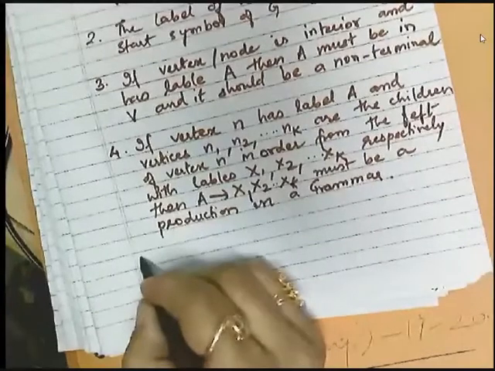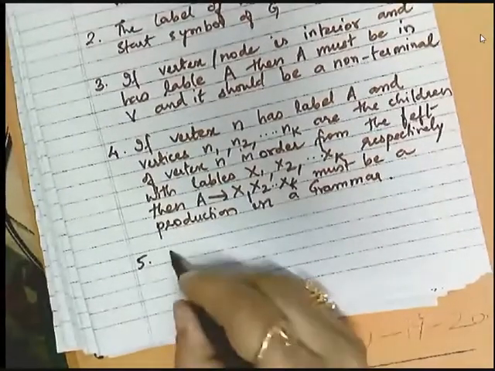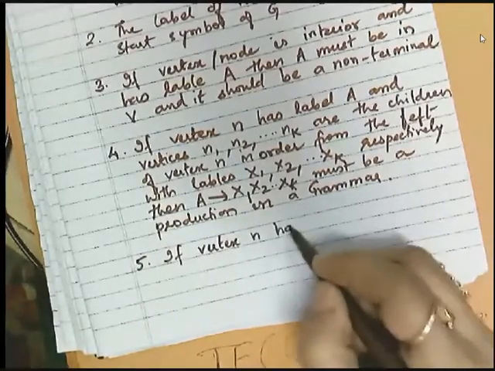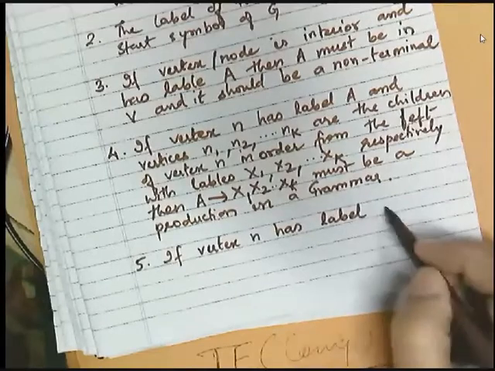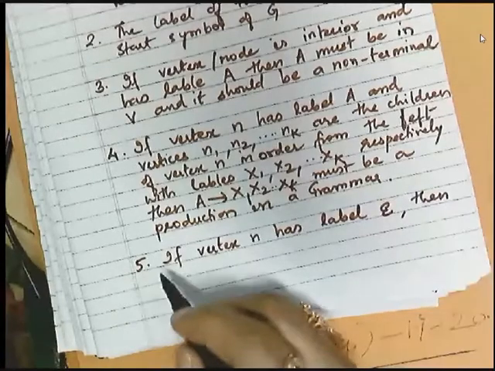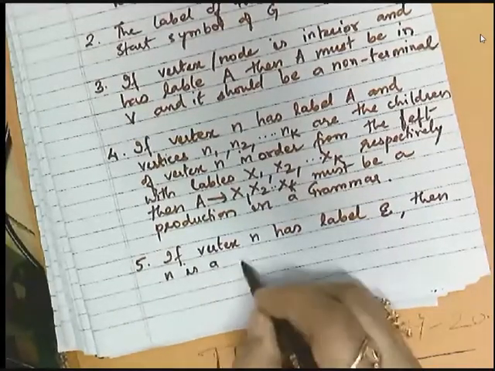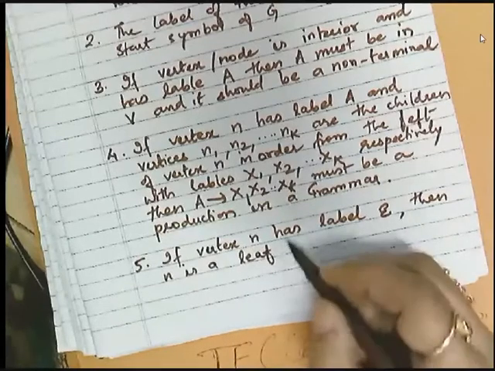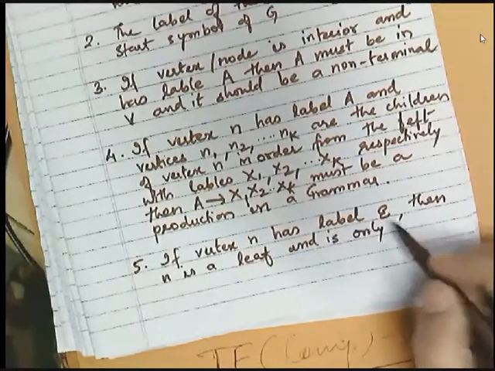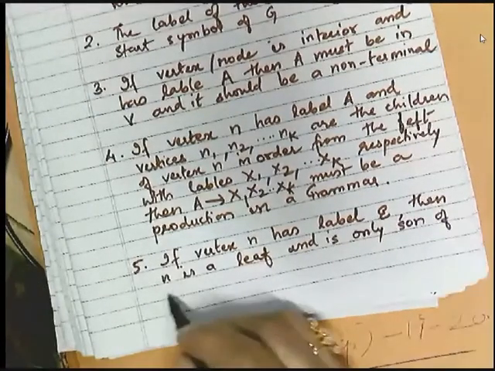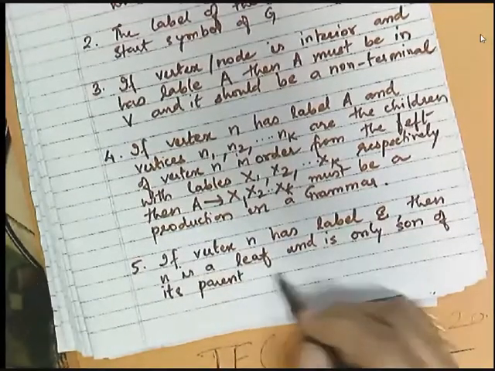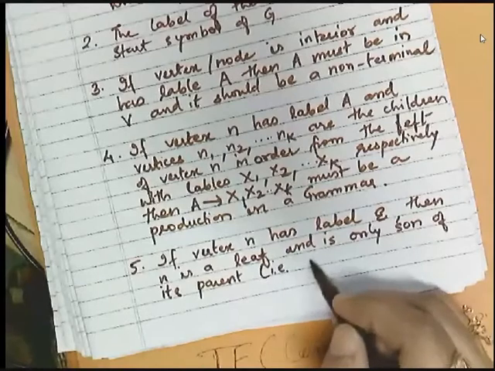And the fifth point is, if vertex n has label empty, then n is a leaf and is the only son of its parent, that is, an empty production.